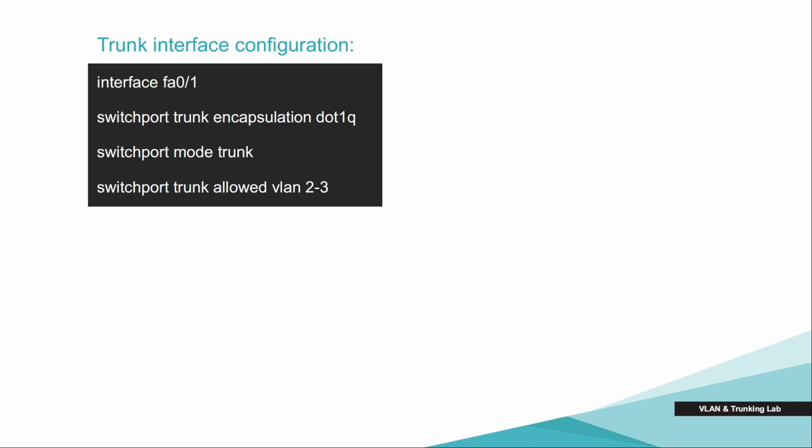Next, I will specify that this is a trunk port by the command switchport mode trunk. The next command is to specify which VLANs I need to go through my trunk port. The command will be switchport trunk allowed vlan 2 and 3.